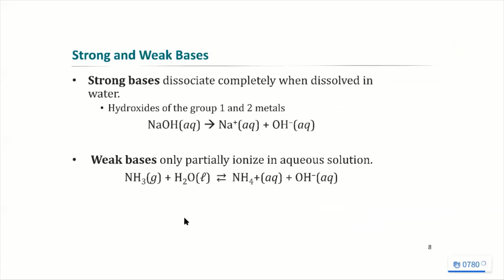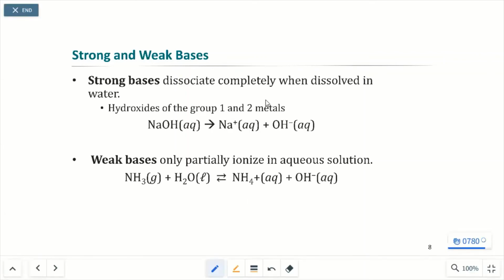With bases, we see similar kinds of properties. Now, your strong bases are going to be your hydroxides for the first 2 columns of the periodic table. The only real exception to those is in group 2.